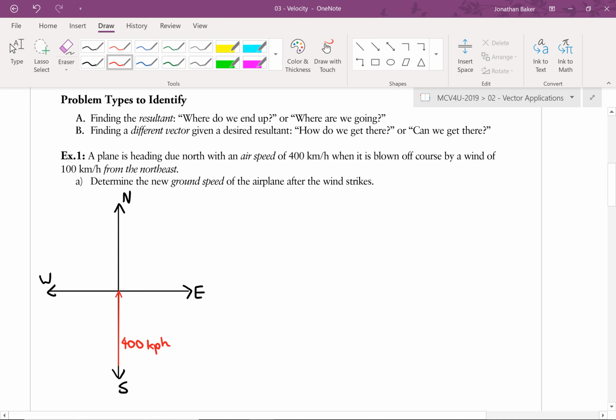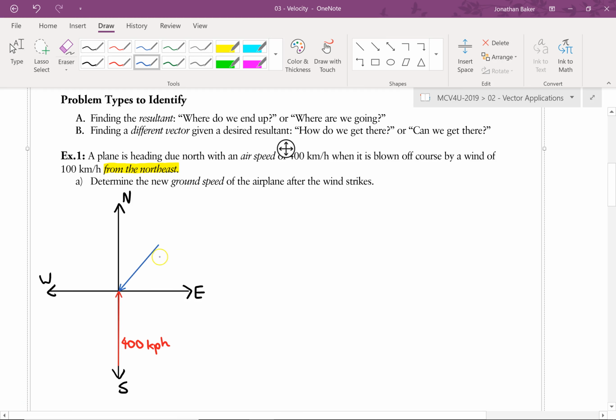Now, all of a sudden, a 100 kilometer an hour wind hits us from the northeast. Now, here's the key. This language, from the northeast, is very important. What this is saying is that the wind is actually blowing southwest because it's coming from the northeast. So that's a big distinction. Really what this means is that we have a force affecting us in this direction.